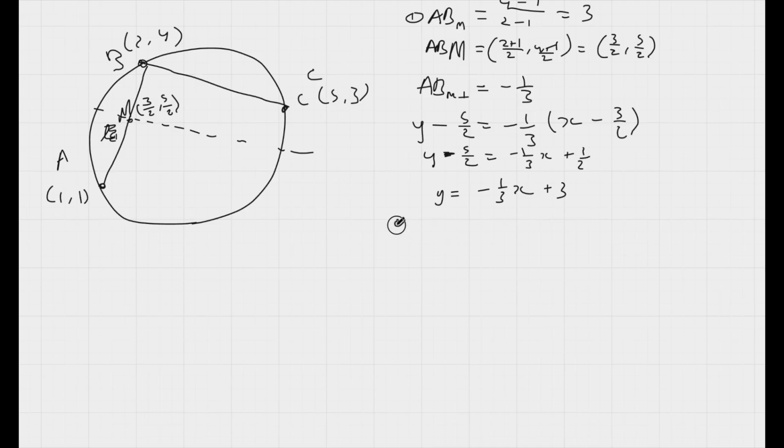Now, secondly, I'm gonna get the gradient of this line. So, number 2, B to C gradient is equal to 4 minus 3 divided by 2 minus 5, which is equal to minus 1 over 3.